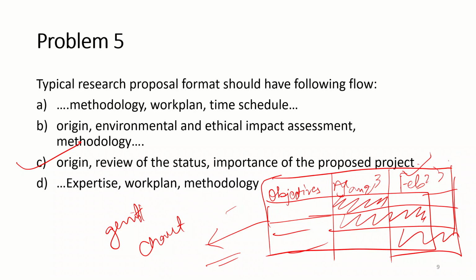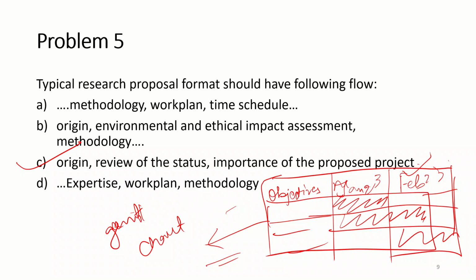So what is this chart known as? Gantt chart, G-A-N-T-T, Gantt. You will see this chart commonly. In our institute we have to submit a yearly report or a six-monthly report, and in that you will have this kind of work plan or time schedule.